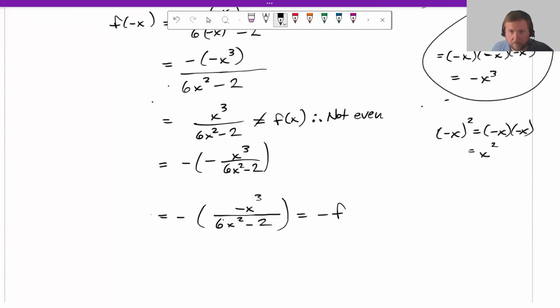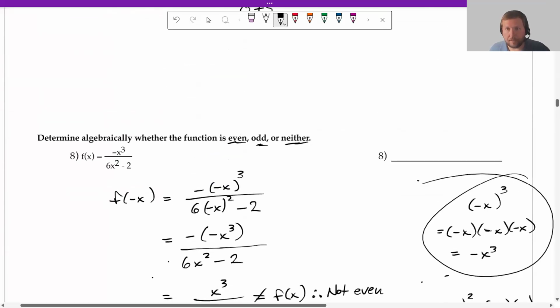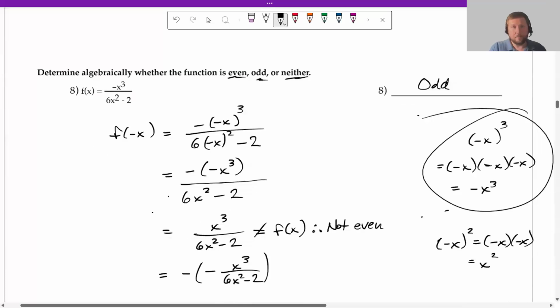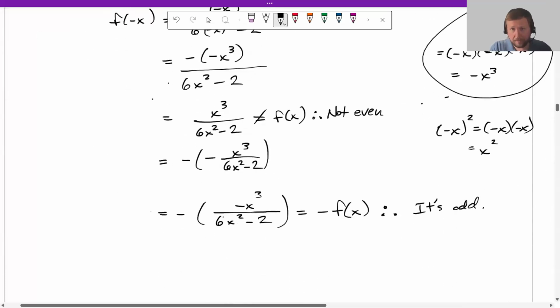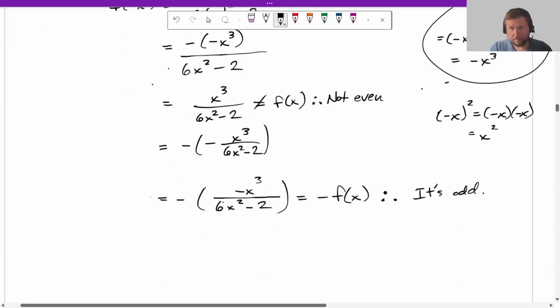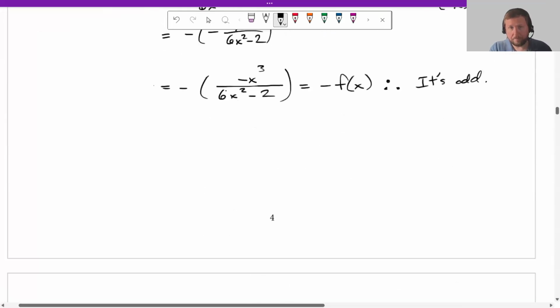So this is equal to negative f of x, therefore it's odd. So my final answer is odd, but again, I'm grading your work as well.